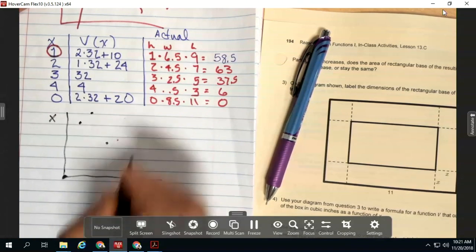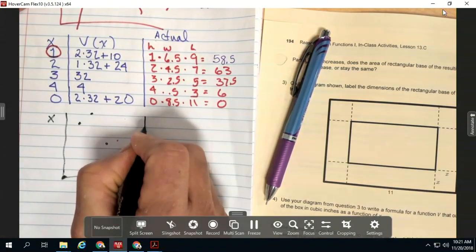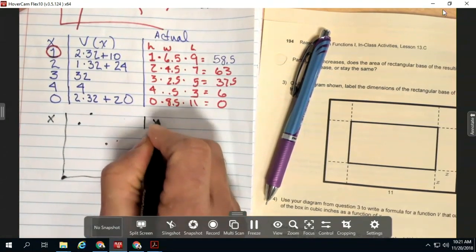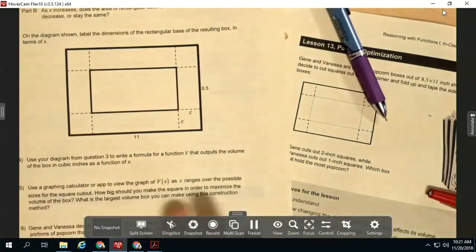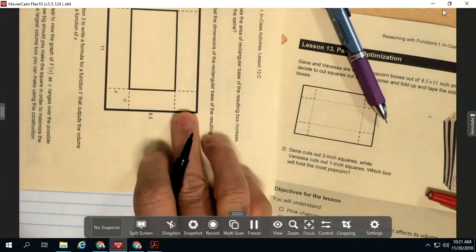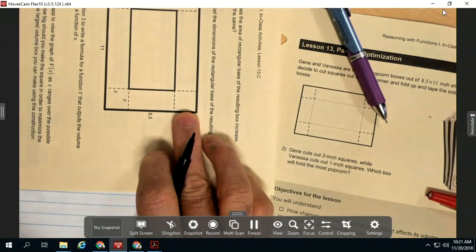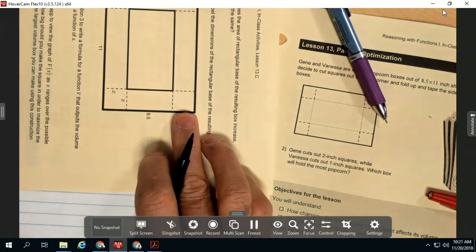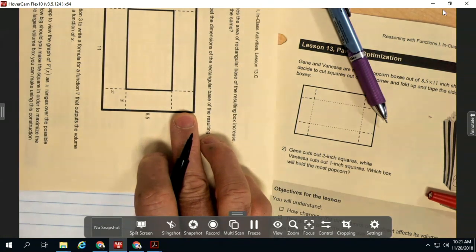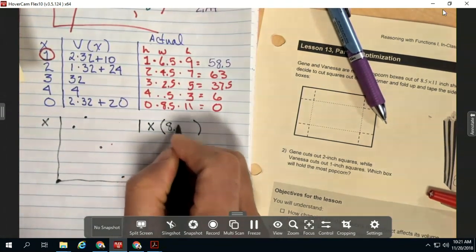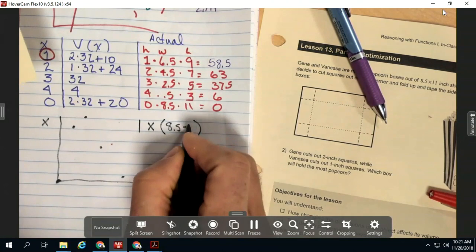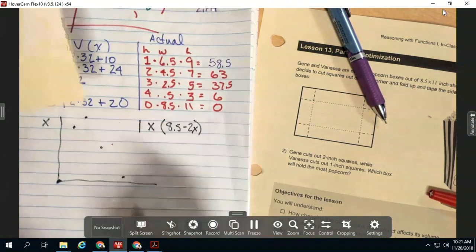For any x, the height will be x. The question is, what will be the width? 8.5 minus 2 x's, correct?